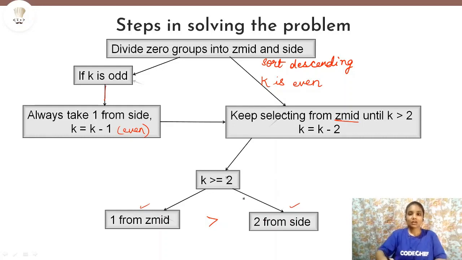And all the values that we are selecting are getting stored in the variable g cut. Now what is g cut? g cut is the group of zeros, the group of bulbs, that we are able to keep off by cutting the wires.